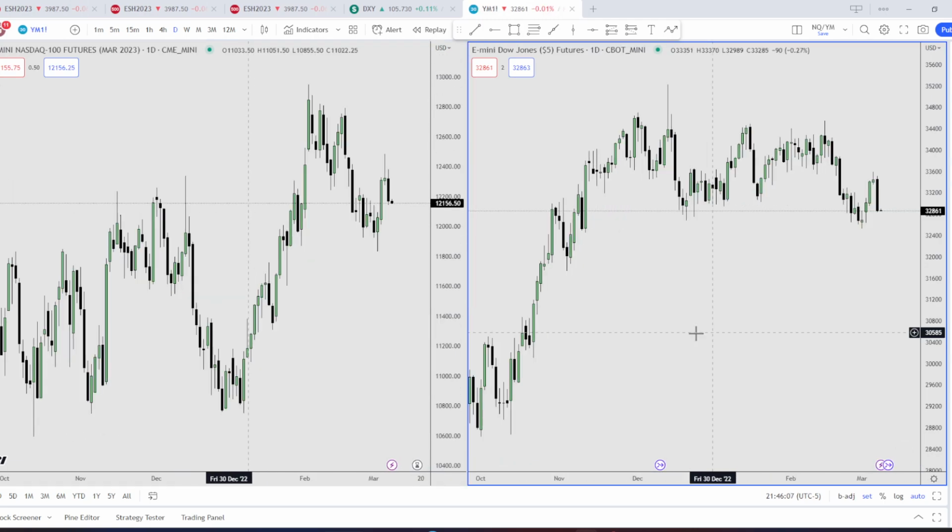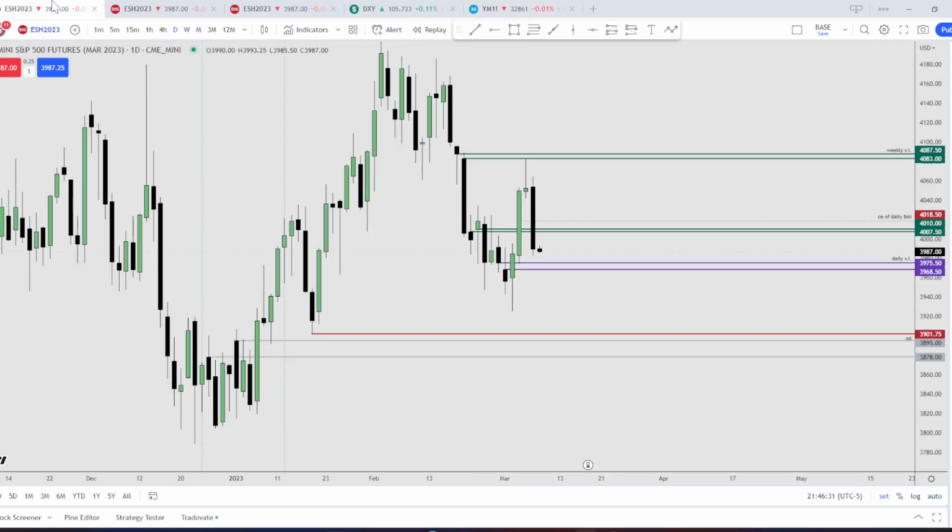Looks pretty bearish on Dow, not so much on NQ. So let's see. Everything's still quite correlated, so I can't see any SMT right now.